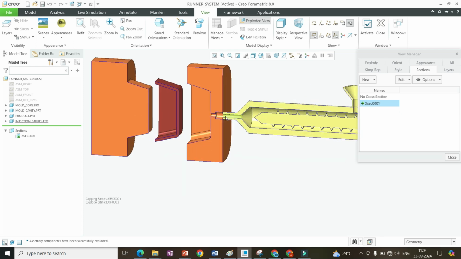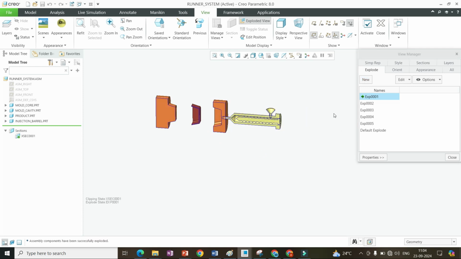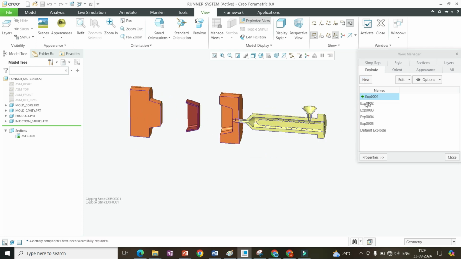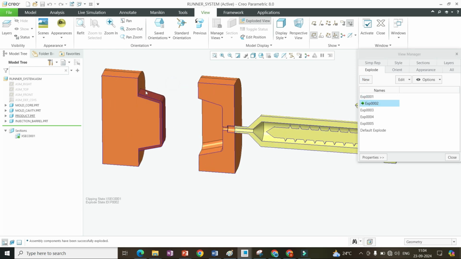Once we inject the material, it goes into the cavity side. Once the mold is filled, the cooling and solidification of the product will start with the help of the cooling channel in the mold, and the material will solidify.